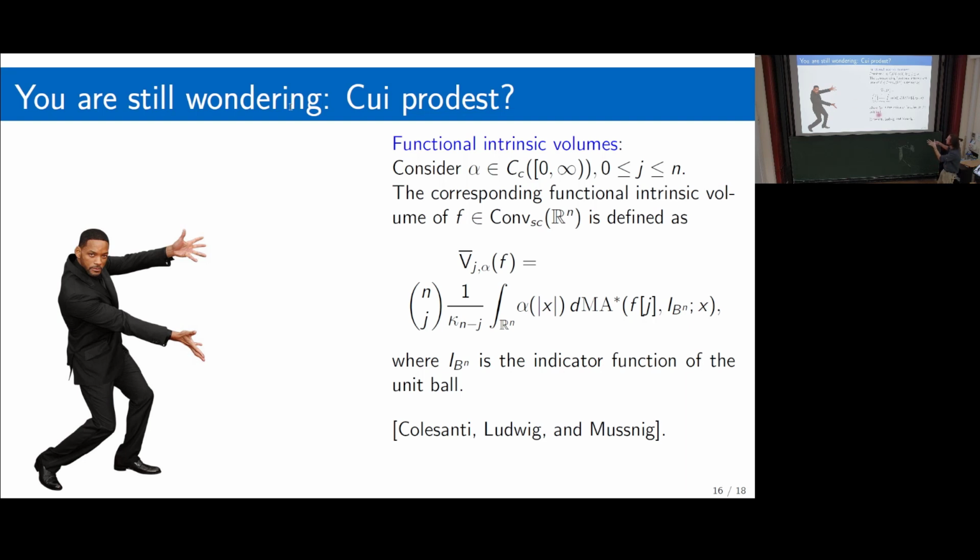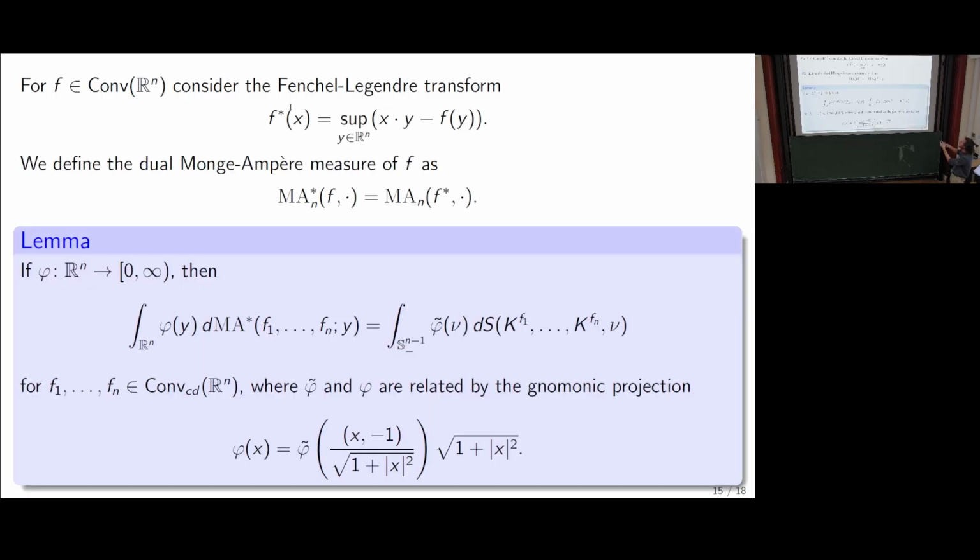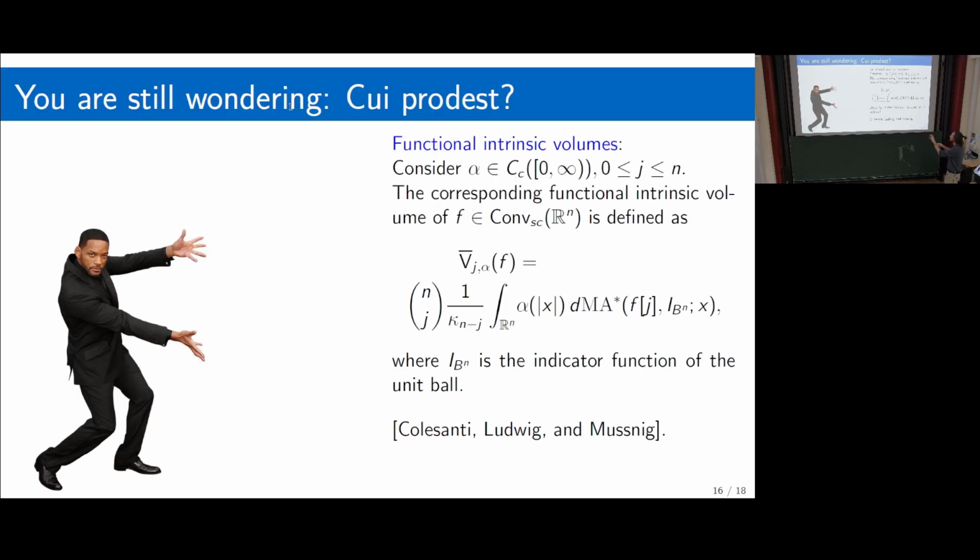Something similar can be done for convex functions, and one obtains these expressions which seem a bit aggressive, right, written like this. But if you think about the previous lemma, now we might have a chance of understanding what's going on. And mind this, here in these mixed Monge-Ampère measures, instead of a ball, we have the indicator function of a ball.